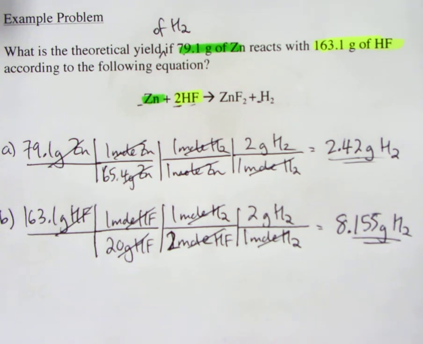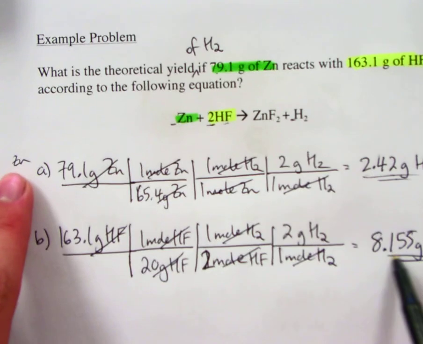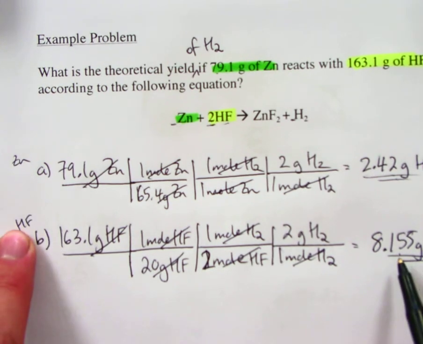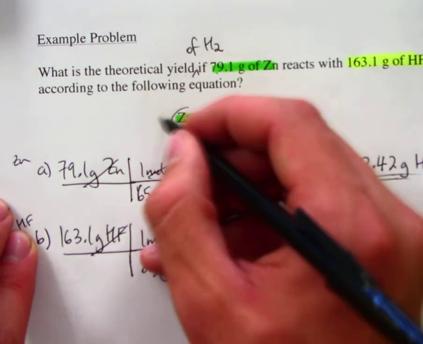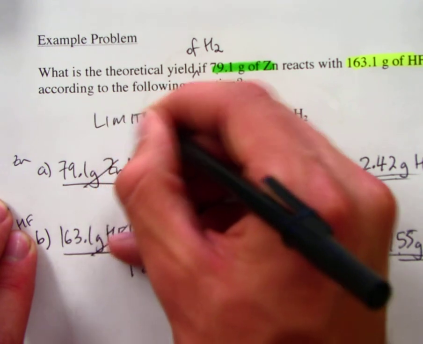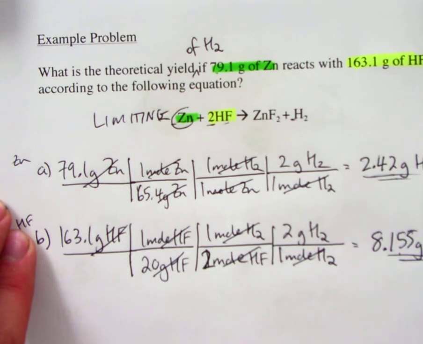Well, your limiting reactant is going to be the reactant that gives you less product. So since I have less product when I use zinc than when I use hydrofluoric acid, we would say that zinc is going to be my limiting reactant. It limited how much product I can make.